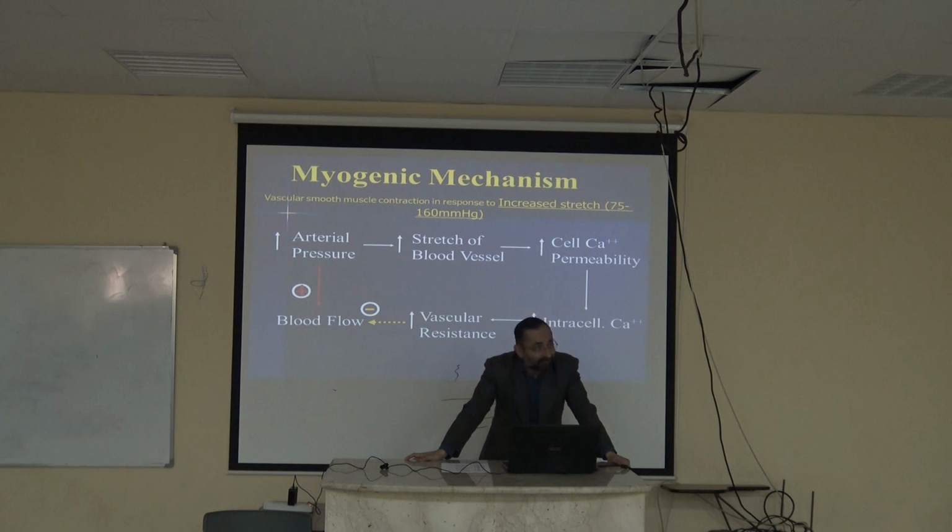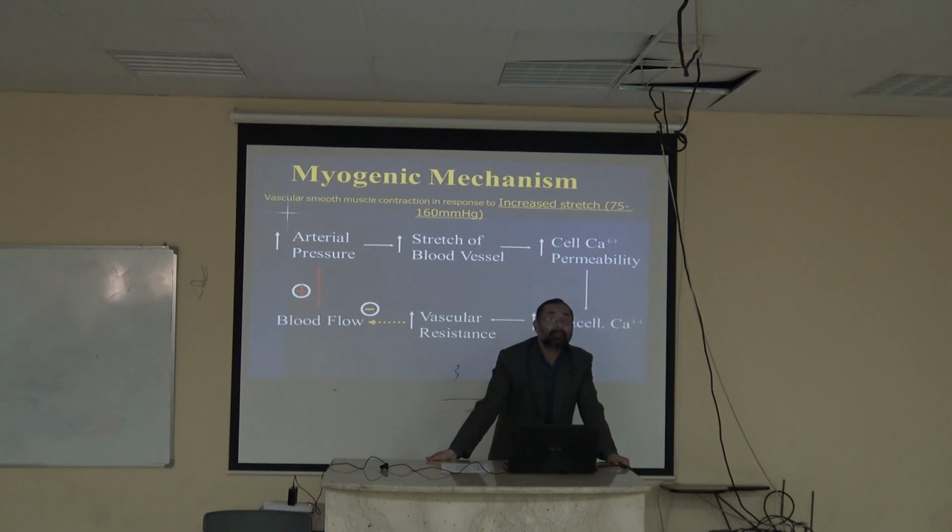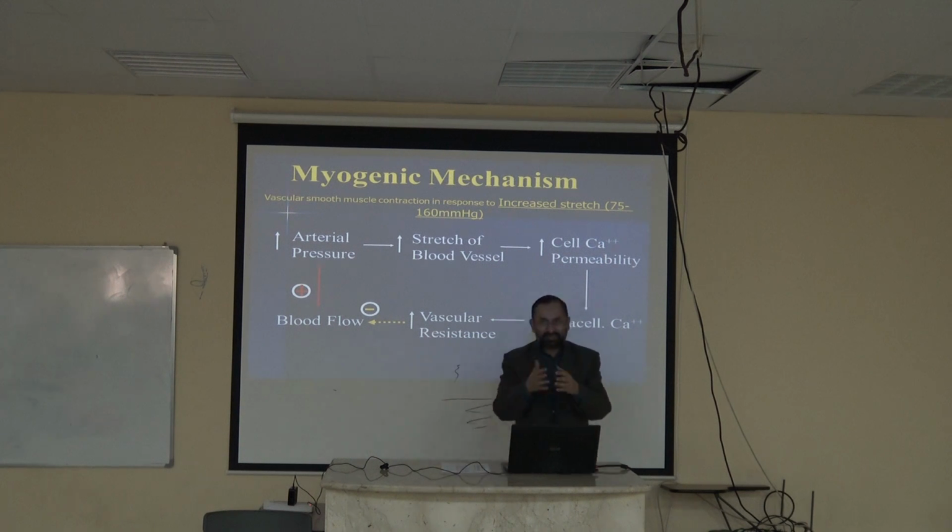Arterial pressure increases, and that is causing the stretch of the blood vessel. So this time the pressure change is happening. Let's take the pressure instead of the blood flow. A large change in the blood pressure stretches the blood vessel wall. If the blood vessel is stretched, definitely the muscles are also stretched.